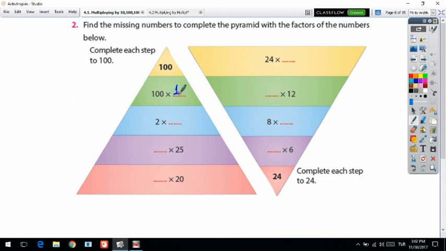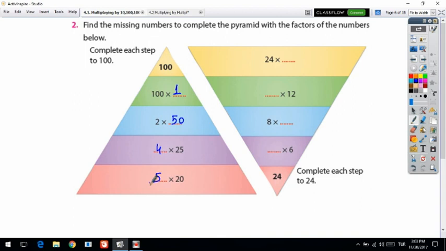Just one. If you have 2, how can you get 100 by multiplying 2? Just 50. How can you get 100 from 25 by multiplication? Just 4. Then it must be 5.